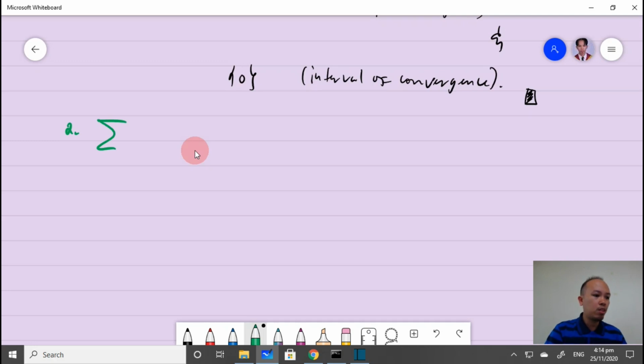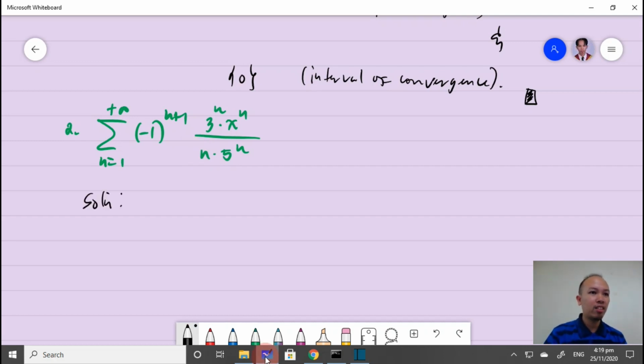We have the summation of negative 1 to the n plus 1 times 3 to the n x to the n over n times 5 to the n. Our n starts from 1 to positive infinity.